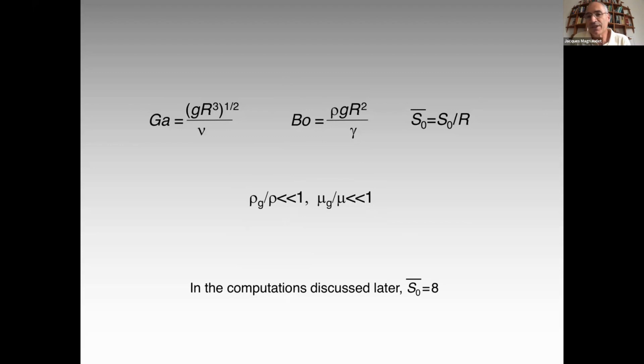Then there is the dimensionless initial separation plus the density and viscosity ratios between the two fluids. But these two ratios are usually very small, so they can be removed from the list of parameters. And in what follows, I'm going to consider only a given value of the initial separation. So all the results I'm going to discuss will depend only on 2 parameters, the Galilei and Bond numbers.